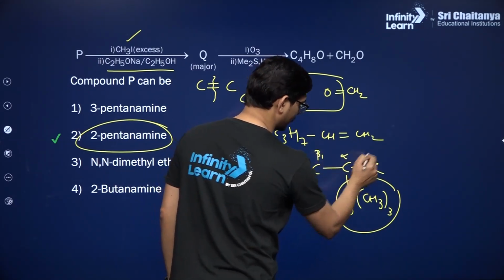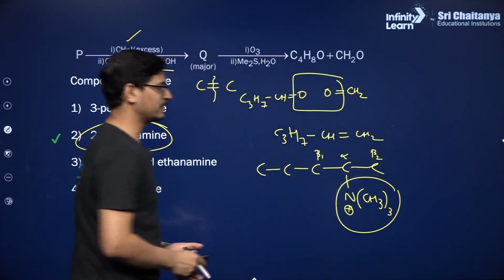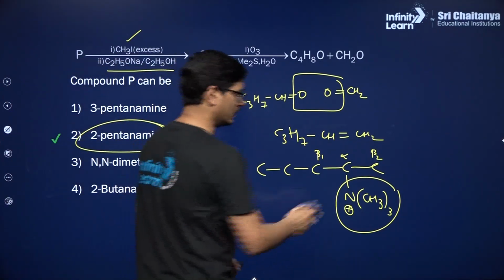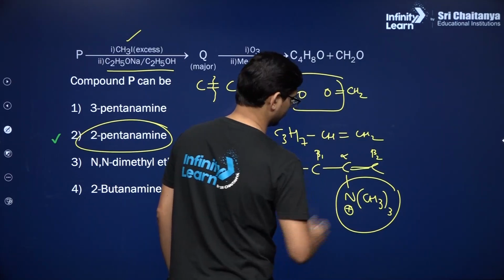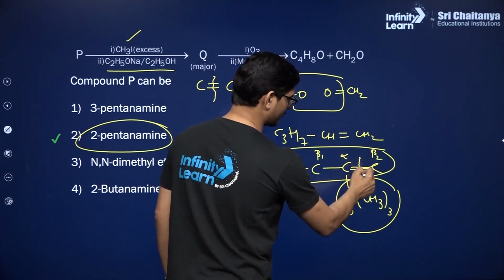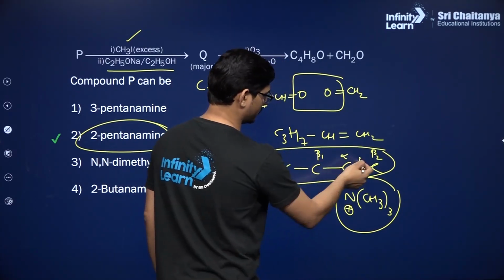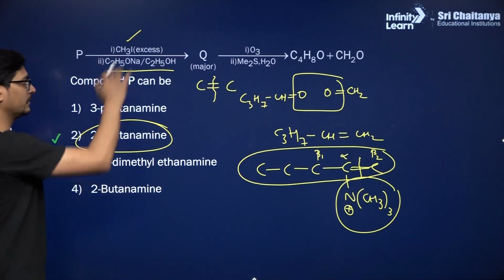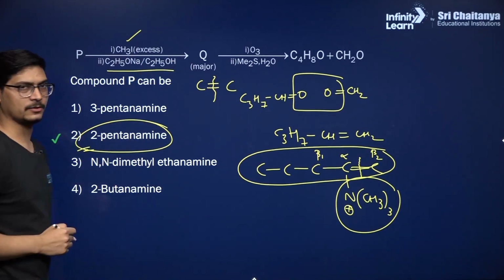Now there is beta 1 and beta 2. Always remember the quaternary ammonium salts give the least stable alkene because they undergo Hofmann elimination. So we will get a double bond here, so we will get this. And when this alkene undergoes ozonolysis, it leads to the formation of butanal and formaldehyde. So yes, the given information agrees with the second option, second compound.